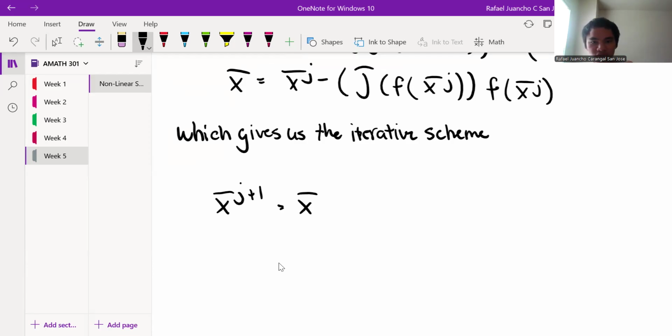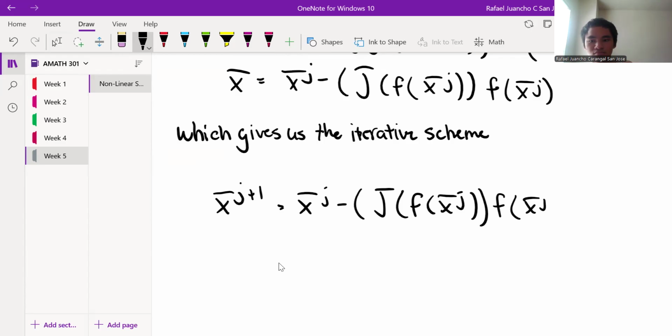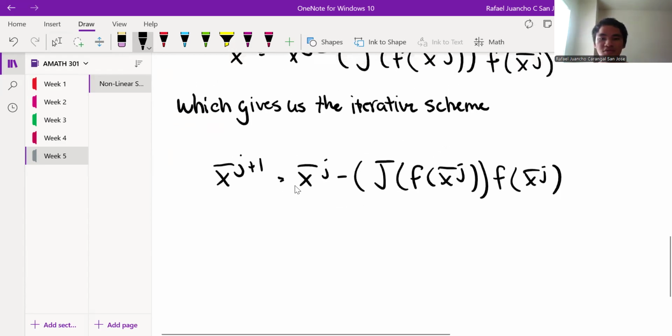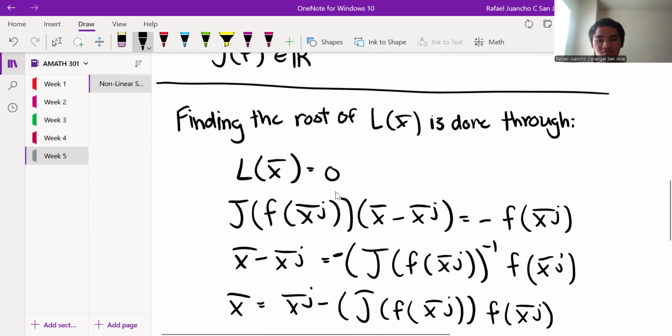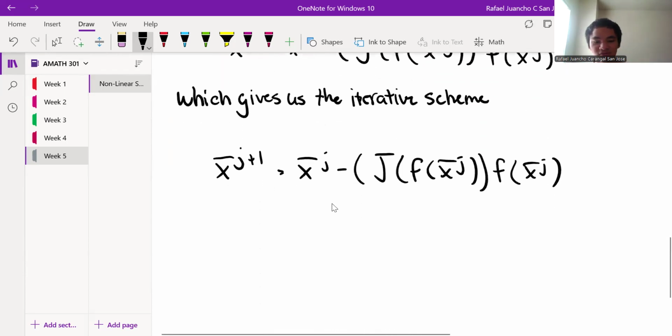So here now we use a Jacobi iteration scheme. So this is our next one, j plus 1. And so that's the algorithm of the Newton-Raphson method.